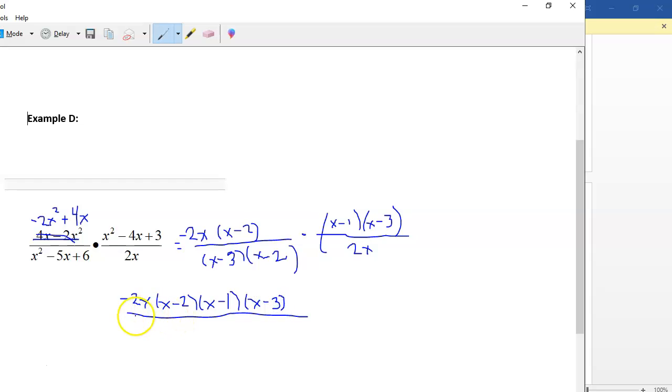In the denominator, I'll put together everything in the denominator. X minus 3 times x minus 2 times my 2x.